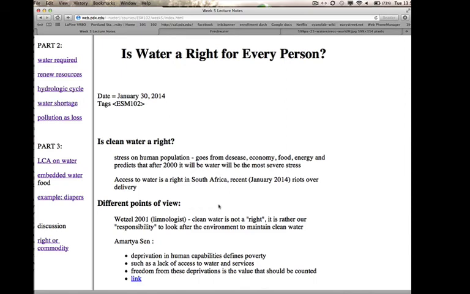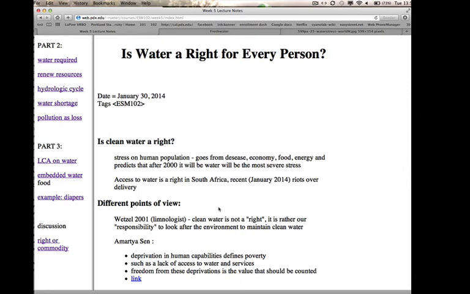But if you look at the diagram of what we want to do in accounting, we need to observe an event, and we make a report, and then we provide that information for making the decision. So the point is, what information would you need to know to find out what water can be supplied to people? And then it's up to a more inclusive environmental problem to say, well, is this a right?